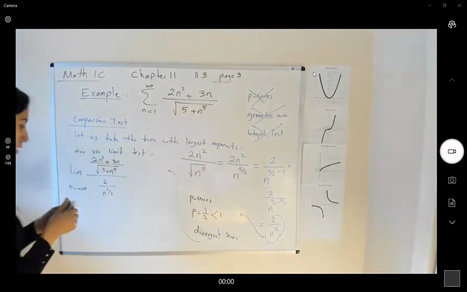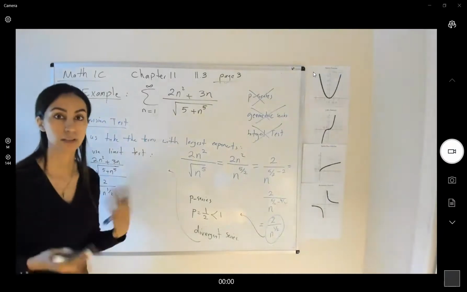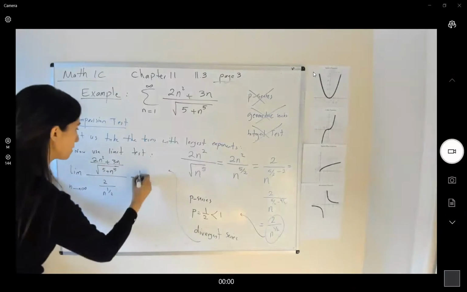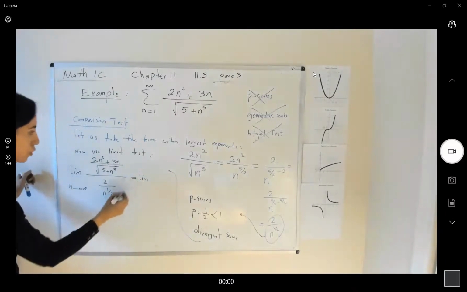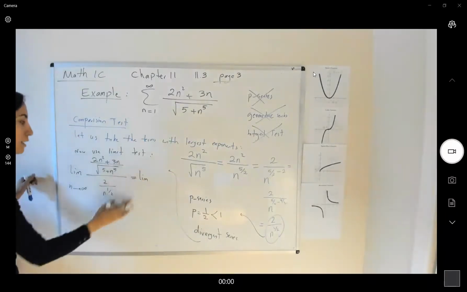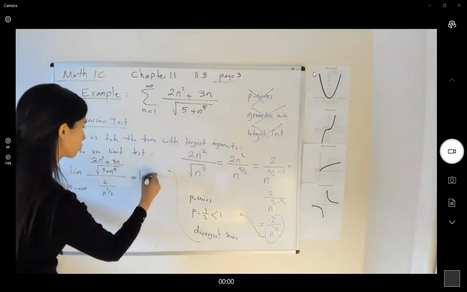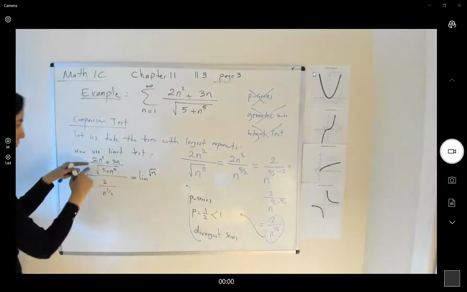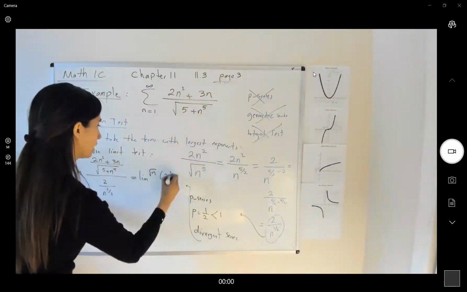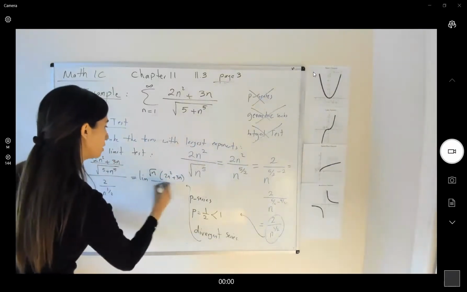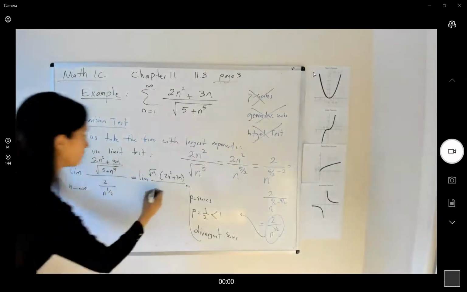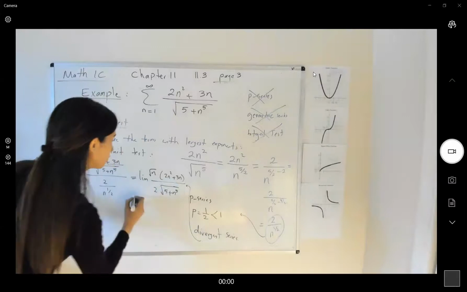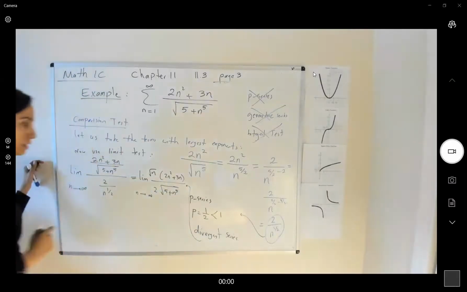We are now just using the techniques that we learned in Calc 1. This is equal to the limit. So I'm going to multiply the numerator and the reciprocal of the denominator. I get square root of n times 2n squared plus 3n divided by 2 times the square root of 5 plus n to the 5th, and I'm going to send n to infinity.